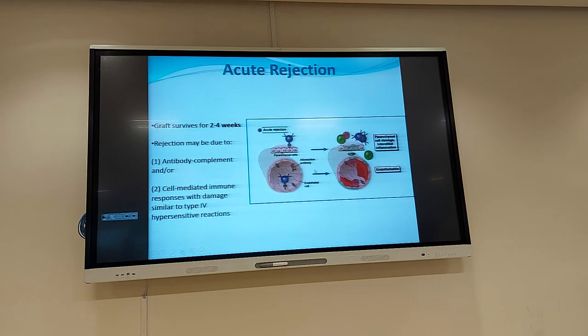Acute rejection, as I said, is in the case of a mismatched transplant. This is a mixture of type 2, 3, and 4 hypersensitivity. So both antibody mediated with complement damage to the endothelium, as well as cytotoxic T cells and inflammatory cytokines produced by Th2 cells. And because you have all of these components, the rejection can occur after 2 weeks to a month or so.